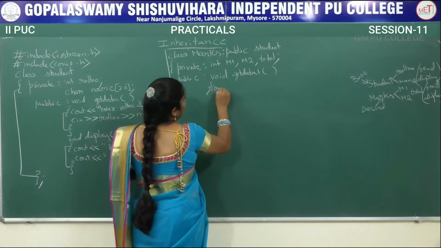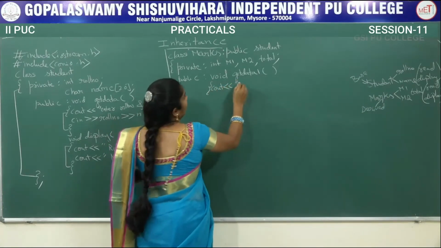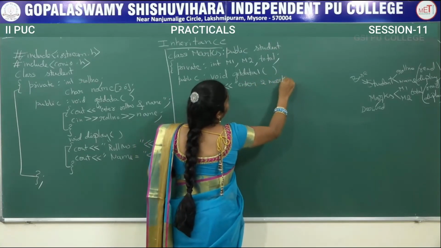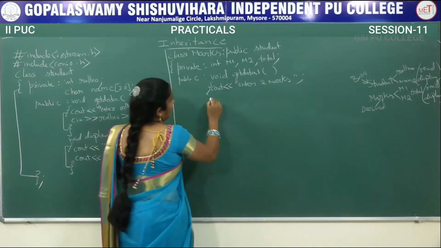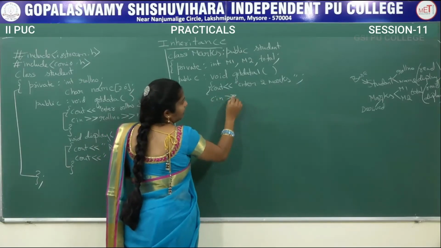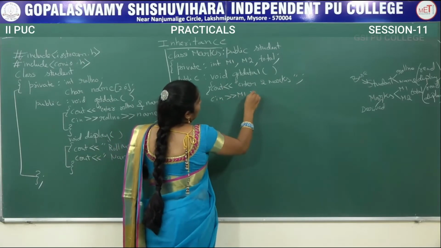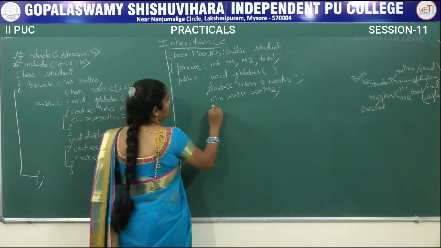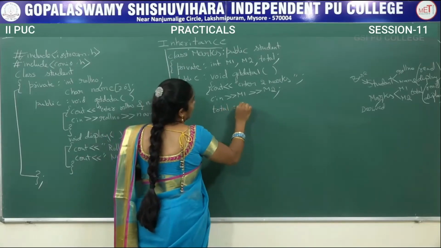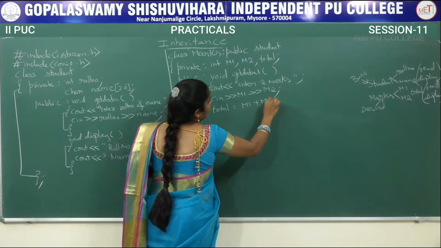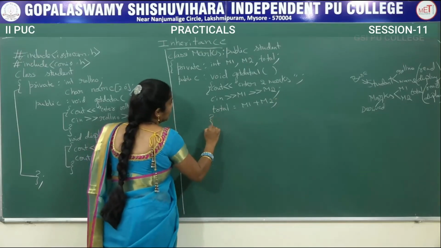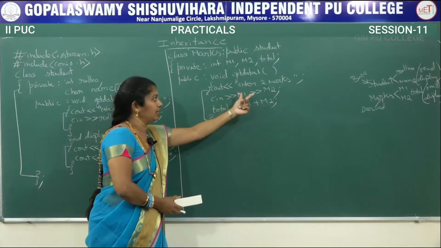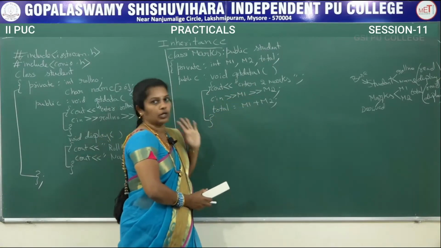Then cout insertion operator, enter 2 marks. Then input that value using the extraction operator, M1, extraction operator M2. Then find the total. How to find total? Total equals M1 plus M2. Then close this function. Andre getdata1 function alli ಏನು ಮಾಡಿದೀನಿ, marks1 marks2 input ಮಾಡಿ total ಮಾಡ್ಕೊಂಡಿದ್ದೀನಿ.